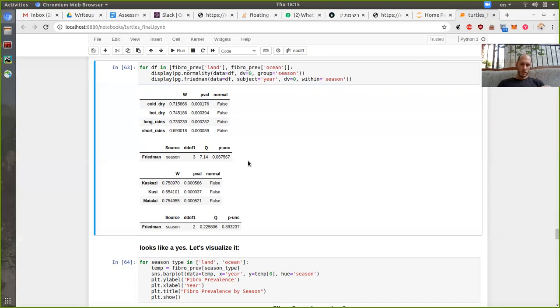So we still have it here, and it's showing it's not affecting Fibro, which is good to know, which means that the cause for Fibro is not seasonal. It's something that's probably there all year round, in which case we're looking at another season. And I don't know why it's coming to my head, but I'm now thinking about tourist seasons.